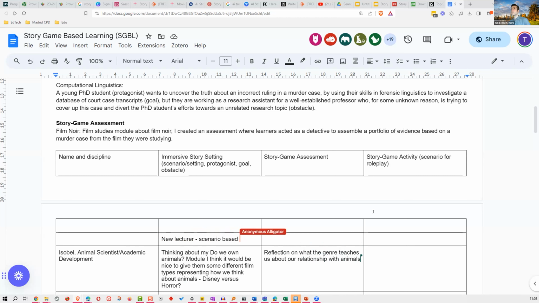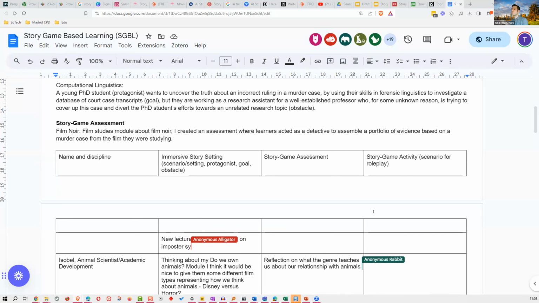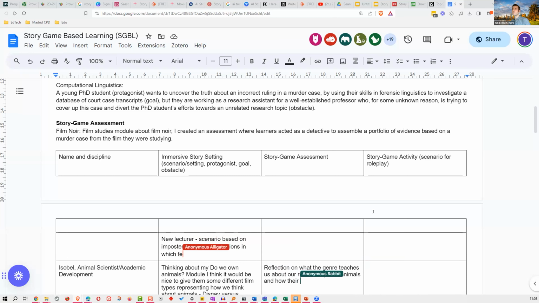That would be the assessment. And then in terms of the story game activity, it could be getting them to actually role play doing one of these teaching sessions that they've created, and some of them play the role of the learner, some of them play the role of the teacher. Of course, you could just change this for different settings, but that's an example.